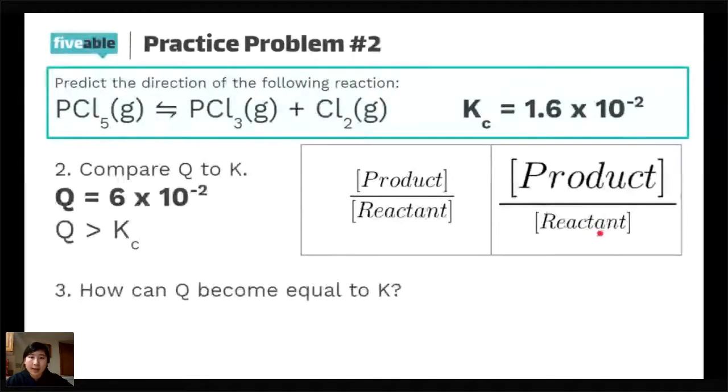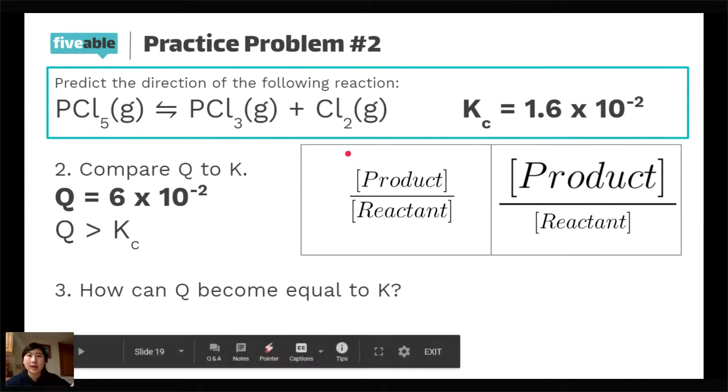Compared to the K, this is not a perfect representation, but let's pretend it represents the K at its ideal state. If you were to actually compare the concentrations, this might be a 10, this might be a 1, but let's pretend that this just represents the perfect equilibrium.